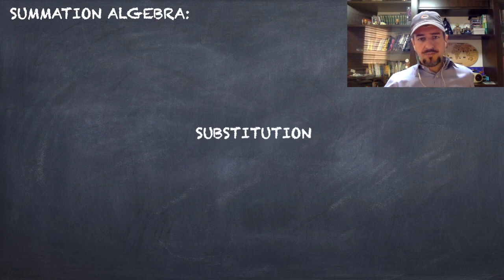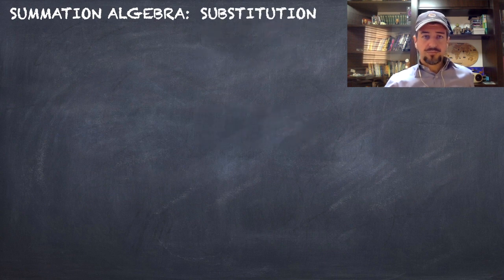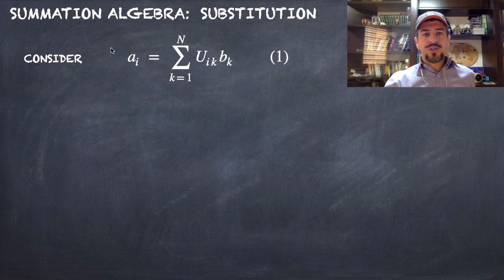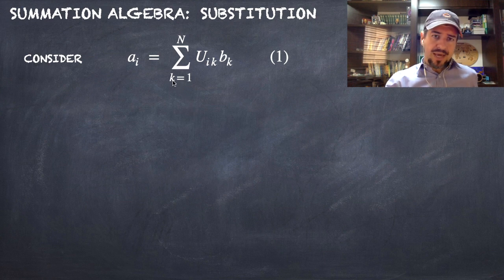The first situation, substitution. Consider this equation, a_i as a function of these b terms, with this coefficient and the summation over k from 1 to n. So we will have a coefficient times b1 and another one for b2 and so on up to n.